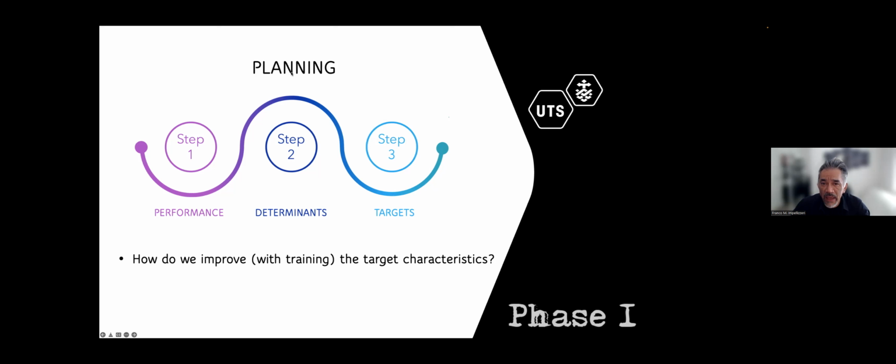The planning phase is the strategy that we are going to use to improve that target characteristic. And that's a fundamental aspect of, in our opinion, monitoring. I think it's very related to the concept of analytics, because you have to interpret whatever measure or analysis you are producing.